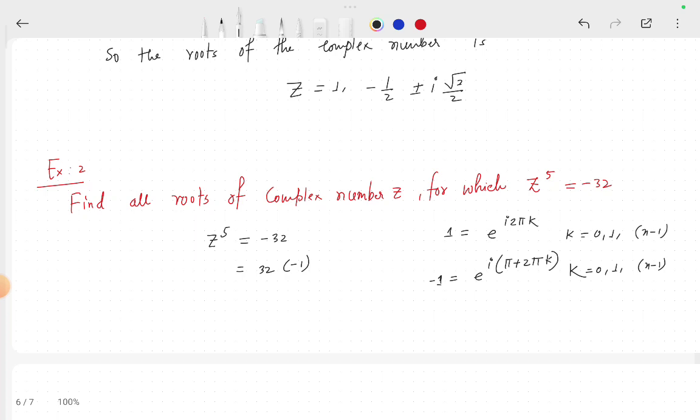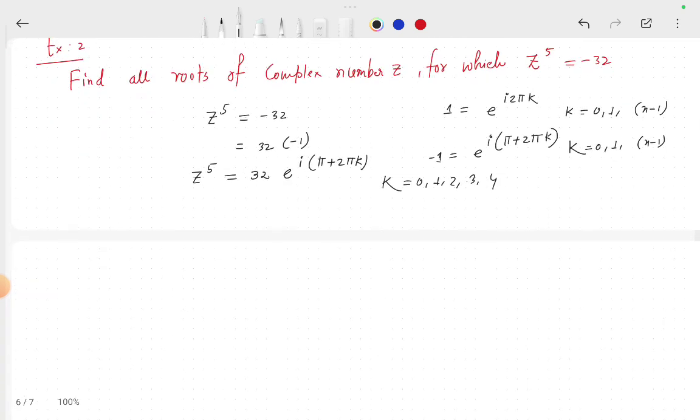Very good. So z to the power 5 is equal to 32 times e to the power i pi plus 2 pi k, and k has values 0, 1, 2, 3 and 4. So put here k equals 0, 1, 2, 3, 4. Understood?